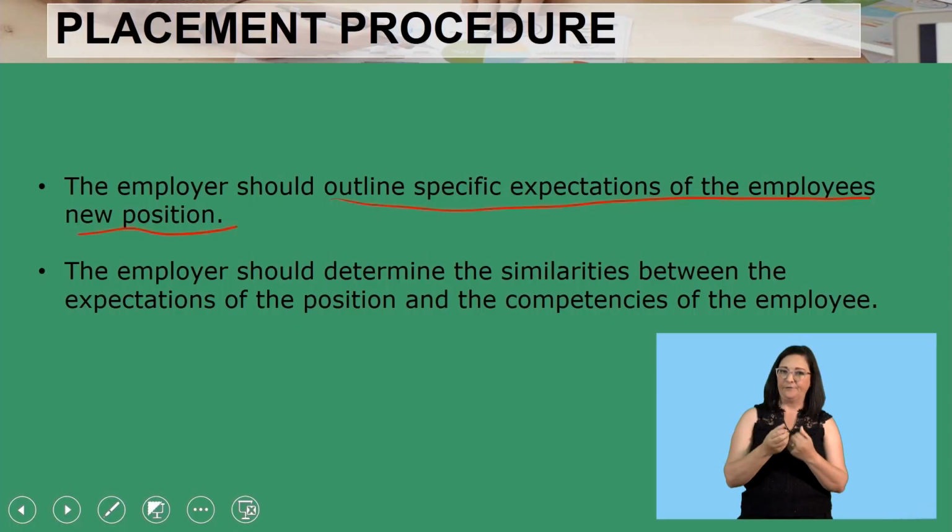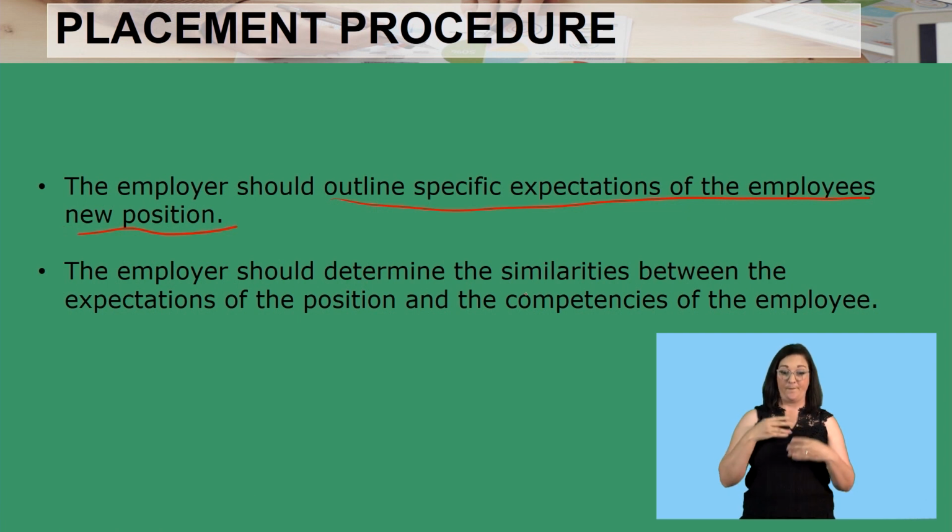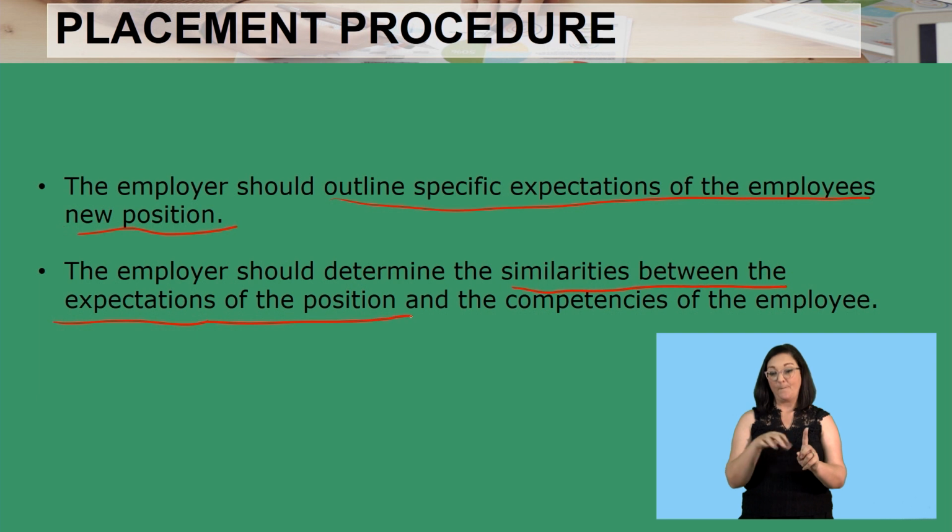Secondly, the employer should determine the similarities between the expectations of the position and the competencies of the employee. Do they match? So we're looking, remember who does the placement? The employer does the placement. So we are looking at now the similarities. Do they link? Is there anything similar between the employee's competencies, the skills, the qualifications, the abilities with what?